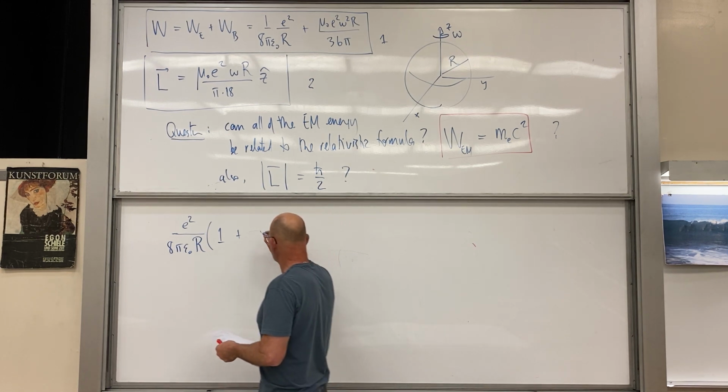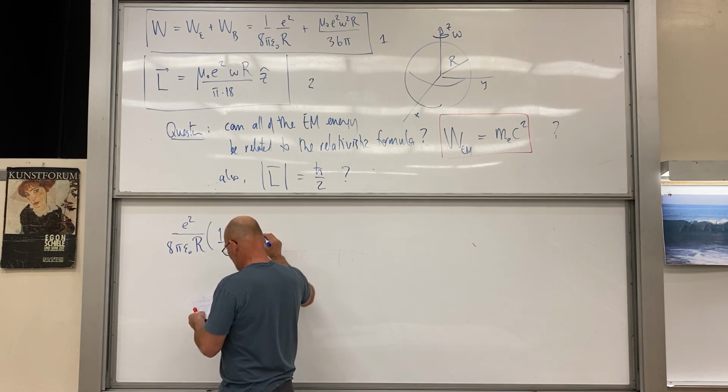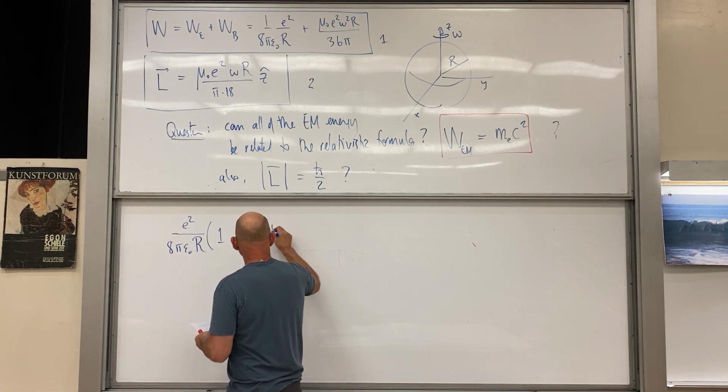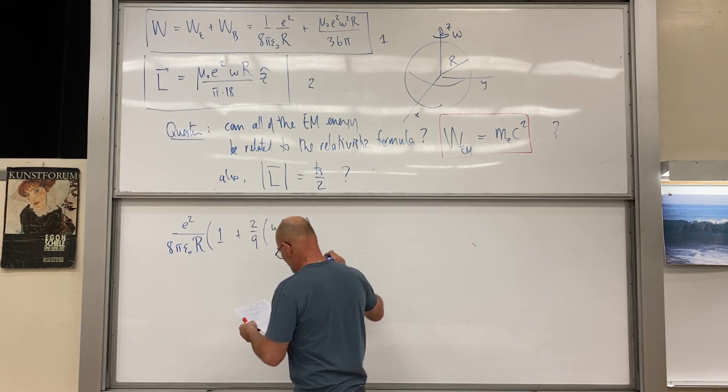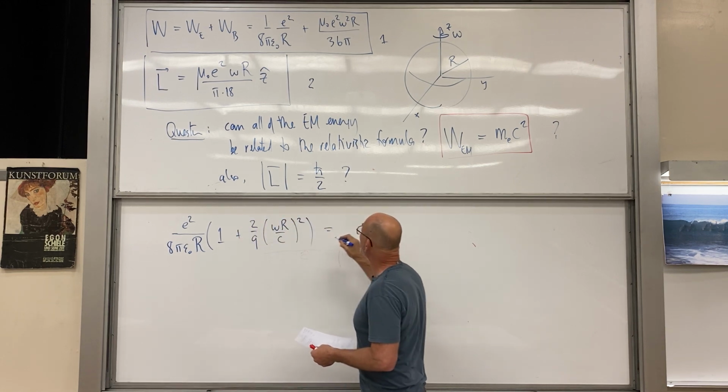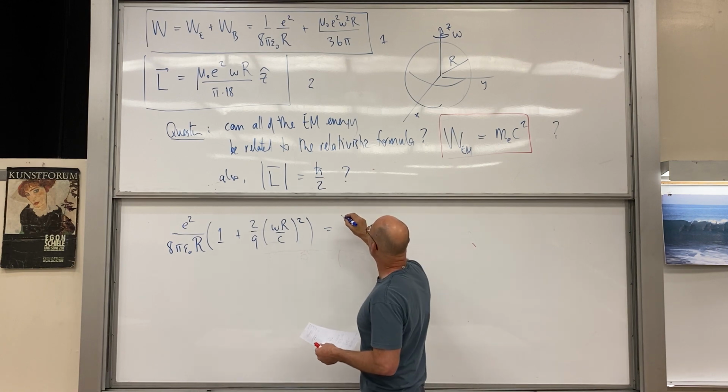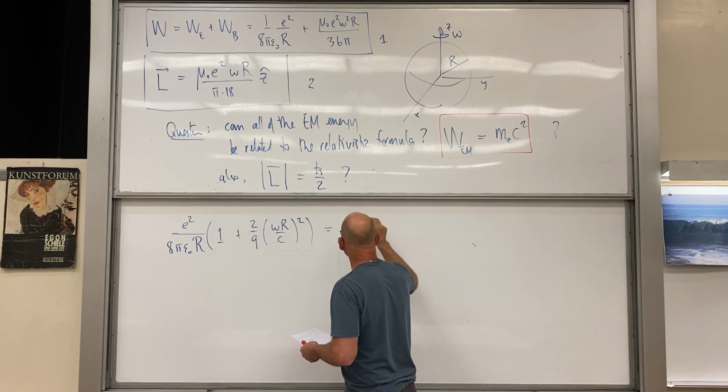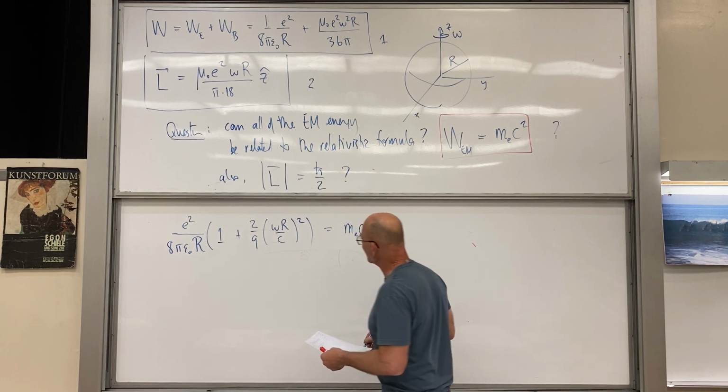You factor that out and you get 2/9 omega r over c, the quantity squared. So that's the one side of this equals mass of the electron, c squared on the other.